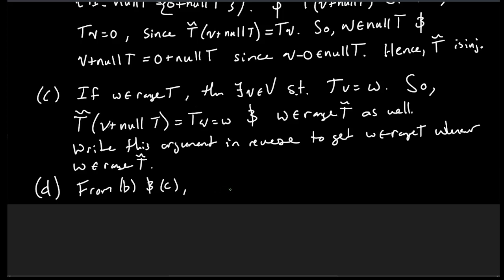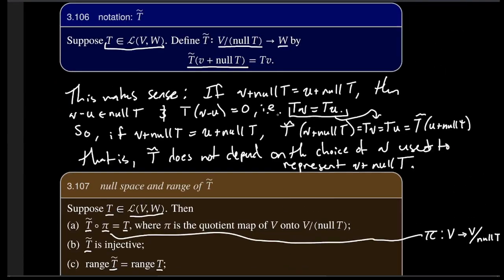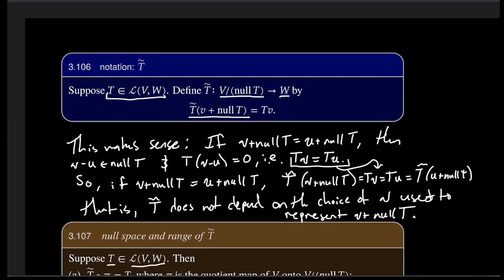From B and C, the map, I'll call it something else other than T. I'll call it R, which will define to be essentially the exact same as T tilde, but notice T tilde in our definition sends things to w.